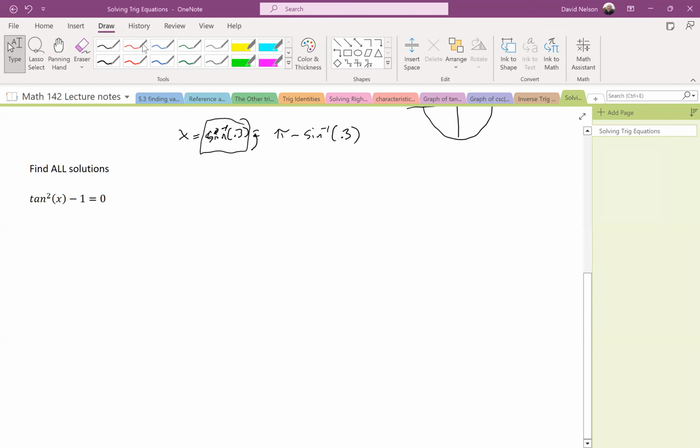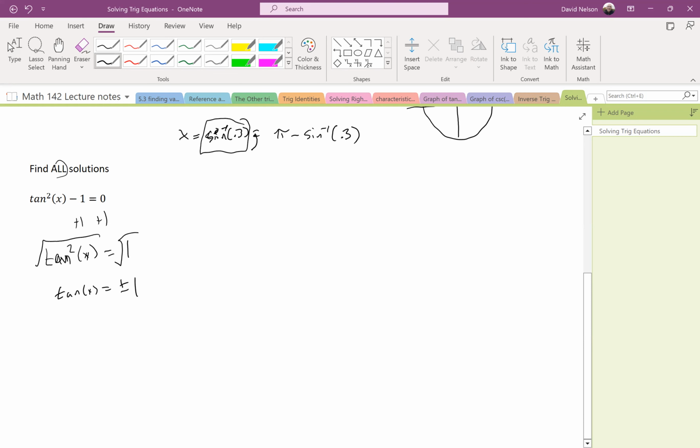Let's add 1 to both sides of the equation, so I'll get tangent squared x equals 1. Then I want to get rid of the squared, so let's take the square root of both sides. And I'll get the tangent of x equals plus or minus 1.